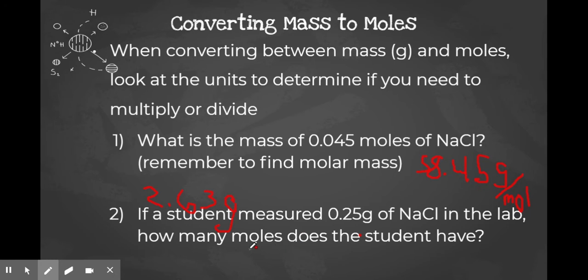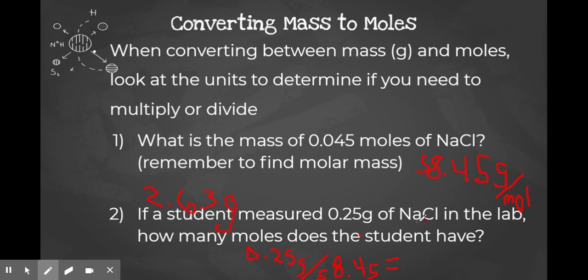So we're basically going to take 0.25 grams divided by 58.45 grams per mole equals. So to get from grams to moles, we want to divide.